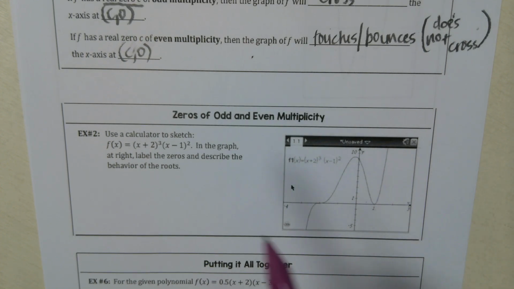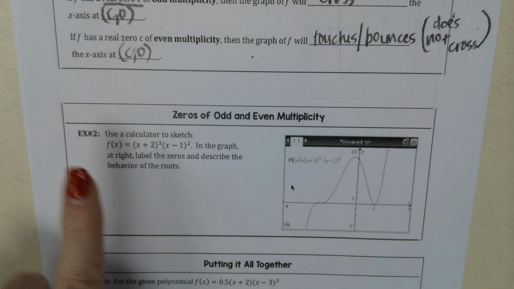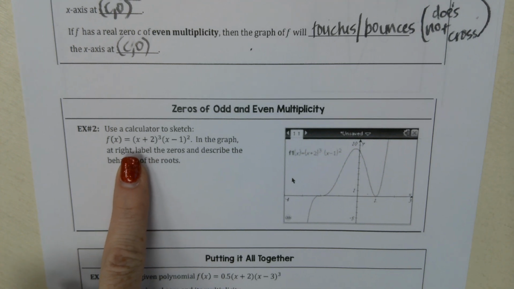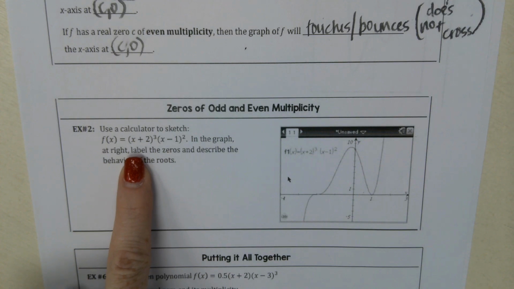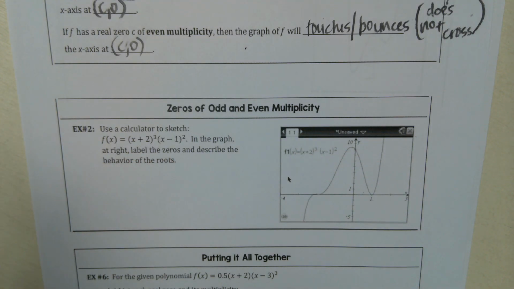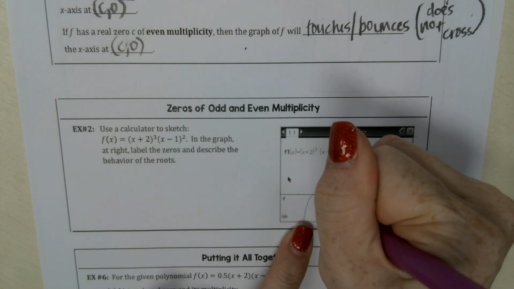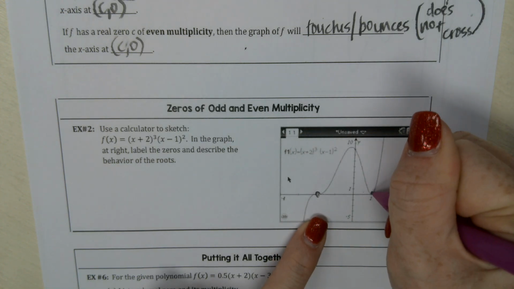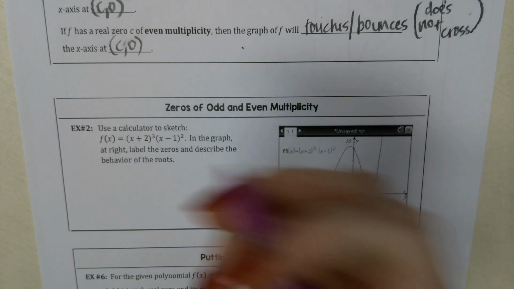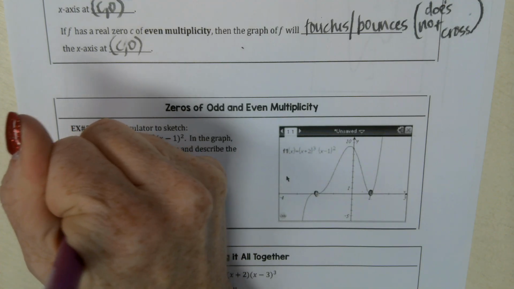All right, so it tells me to sketch this using a calculator, but I've already got the picture there for you. We've got this function f of x, and I am asked to label the zeros and describe the behavior of those roots. Now, I see my graph hit in these two locations. What are those two locations?